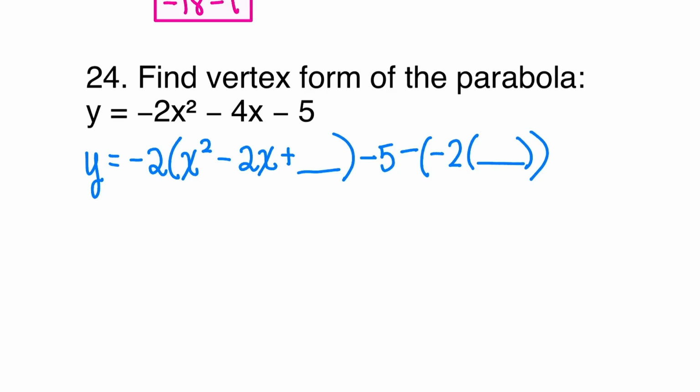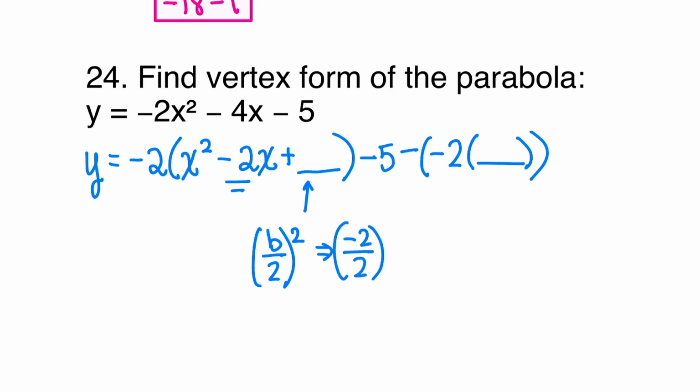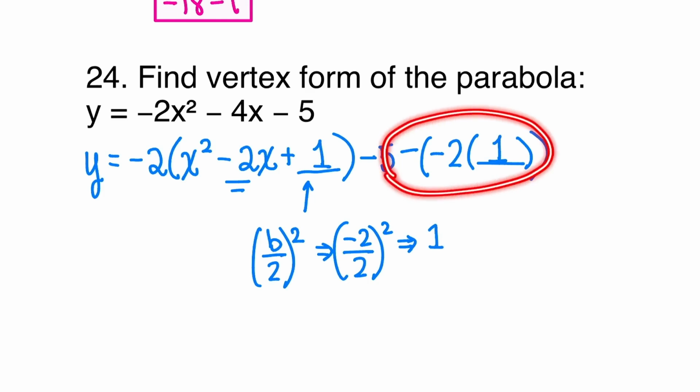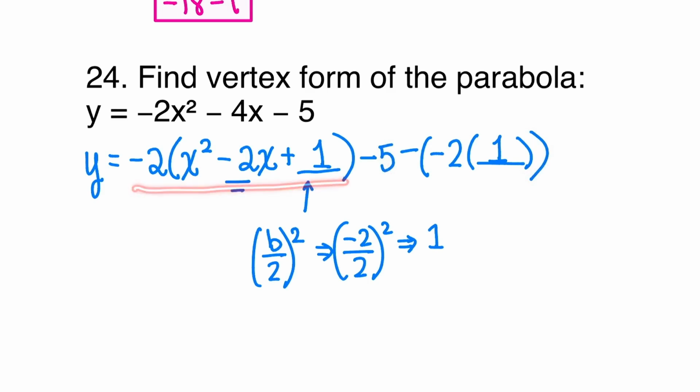When we complete the square, we are going to input the value here, and that's going to be b over 2 squared. Our b value is coming from our middle term in front of our x value, which is going to be negative 2 over 2 squared, which is just 1. Now, the reason why we have to do this over here: when we are adding something to this side, we also need to do the inverse operation over here so that we don't change the value.